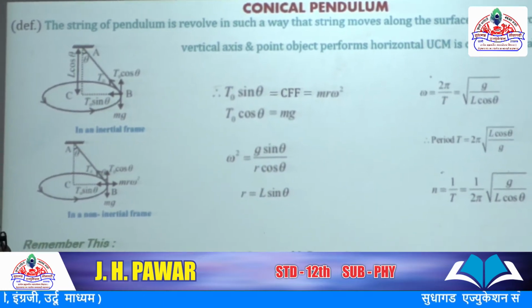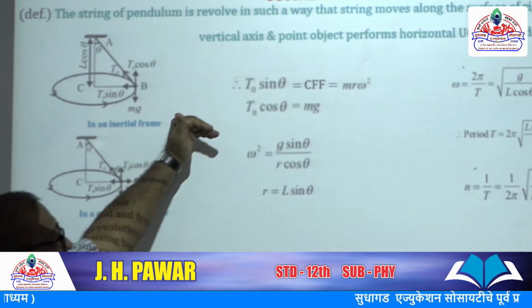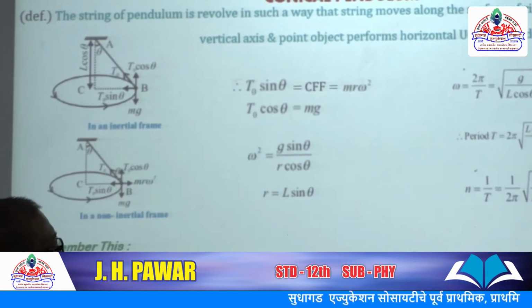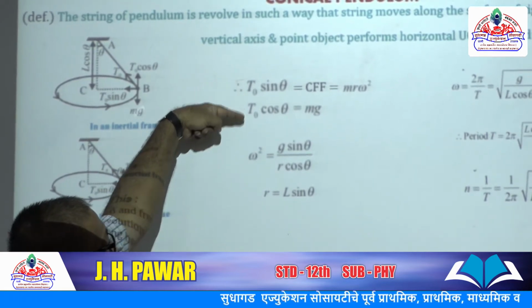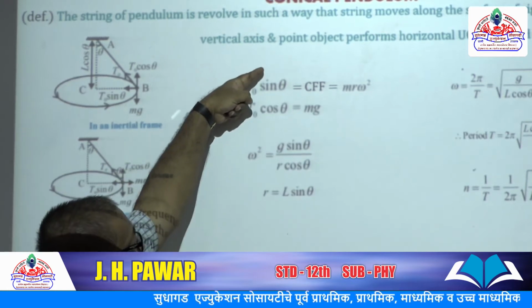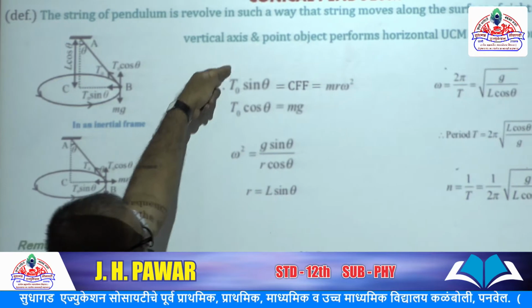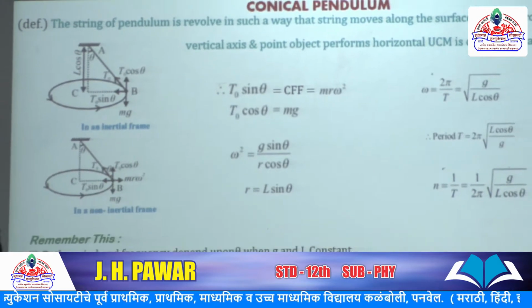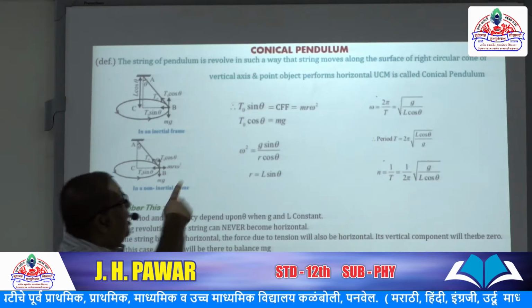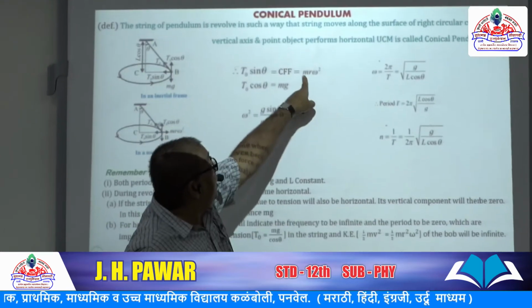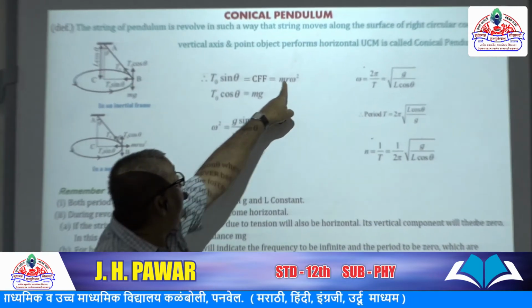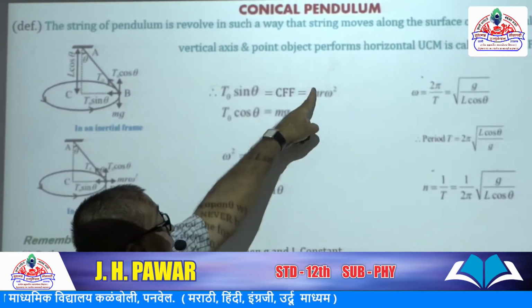Thereafter, if we take the ratio of both equations, T0 gets cancelled. We get sin theta upon cos theta on one side, and m r omega square divided by m g on the other, where m gets cancelled.